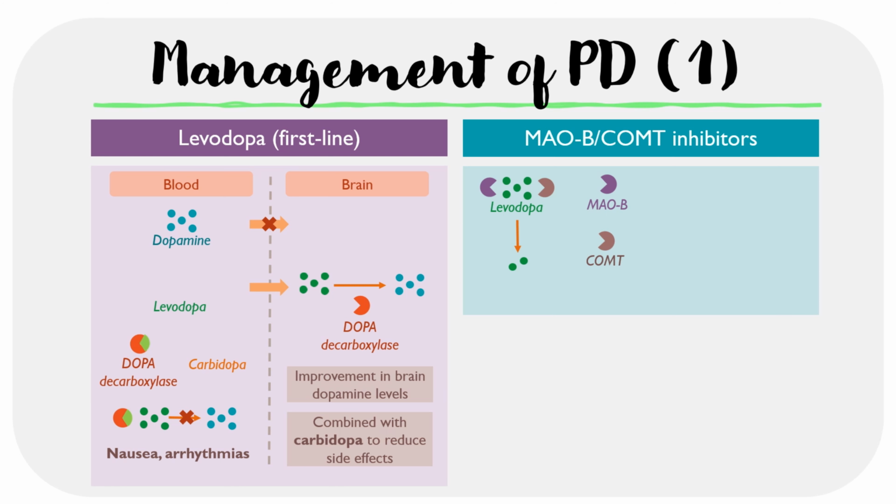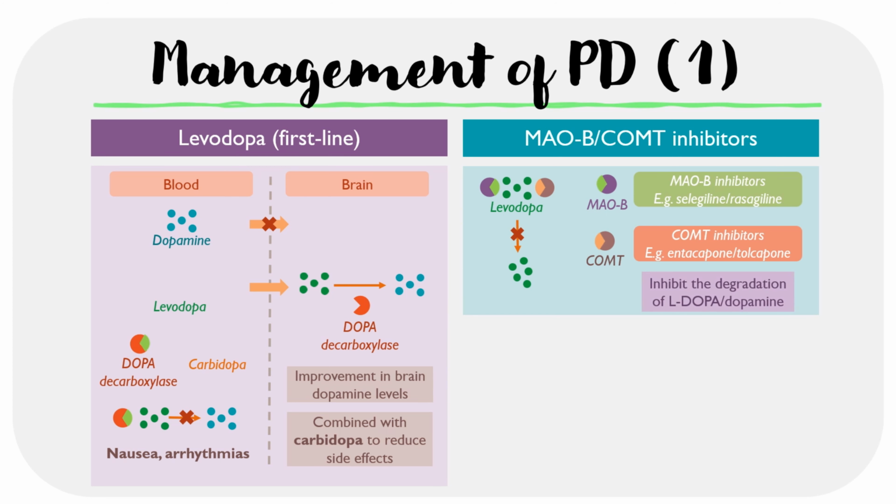As a consequence, we can use these enzymes as targets for treatment, so we can use monoamine oxidase B inhibitors such as selegiline and rasagiline, or COMT inhibitors including entacapone and tolcapone. And with these enzymes blocked, we can prevent the breakdown of levodopa and allow the levels of dopamine to increase within the brain again. So the medication essentially works by inhibiting the degradation of L-dopa.